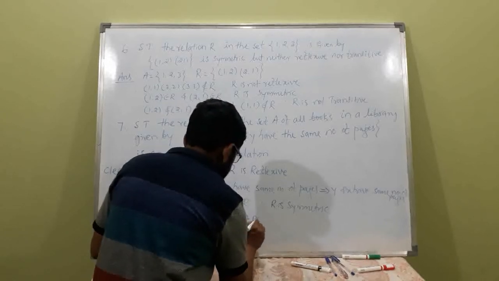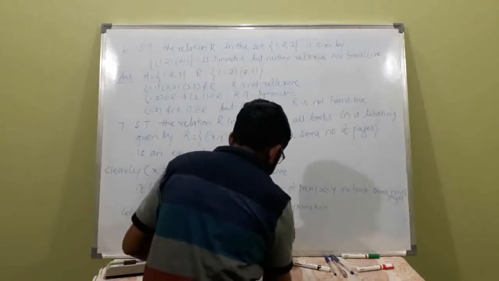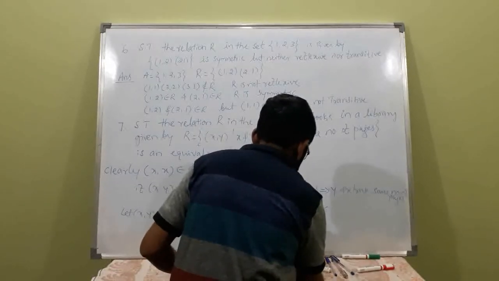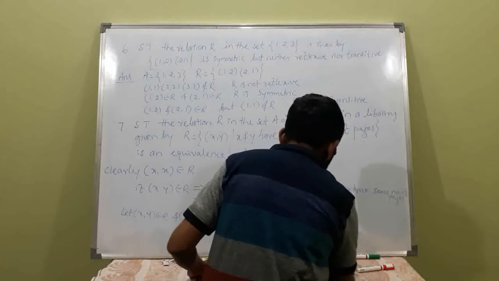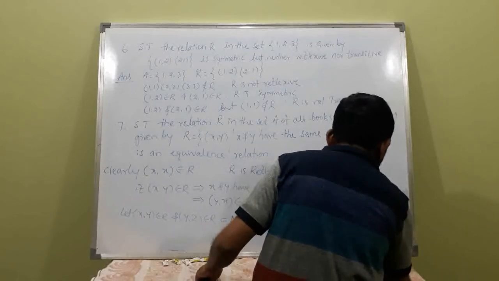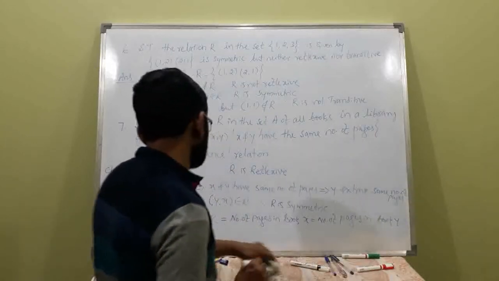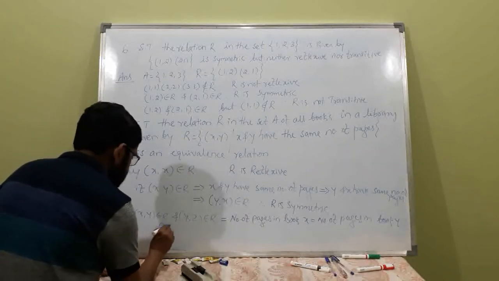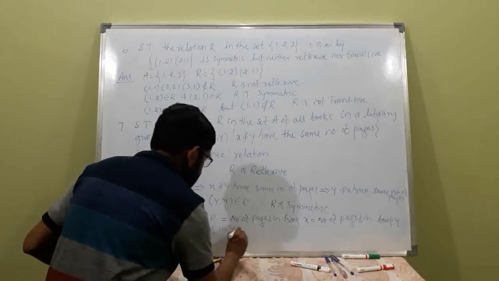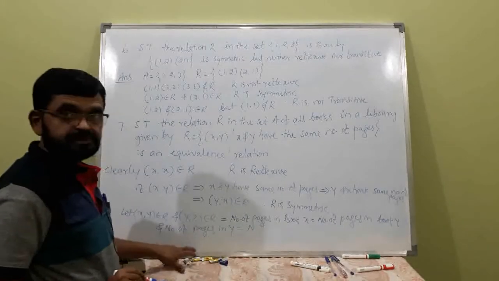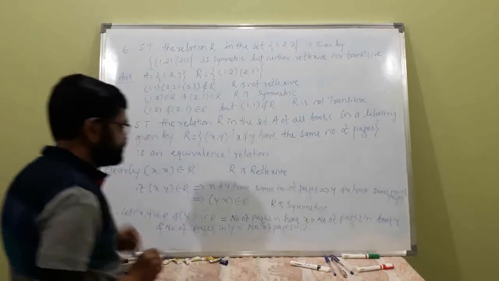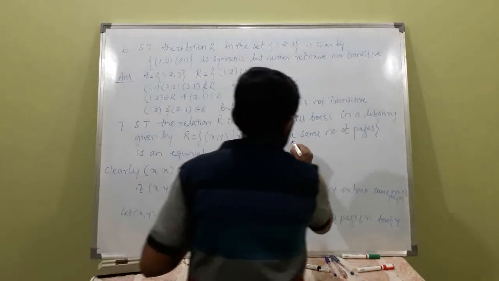Number of pages in book x is equal to number of pages in book y, and number of pages in y is equal to number of pages in z.